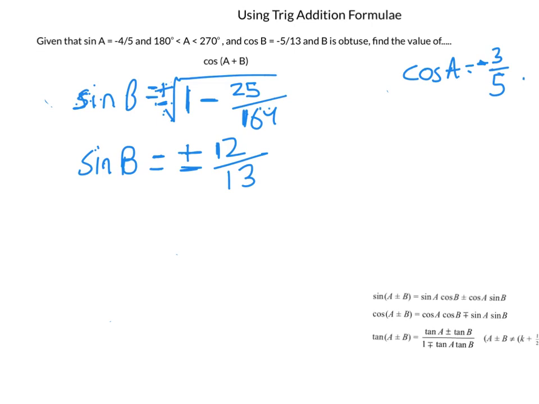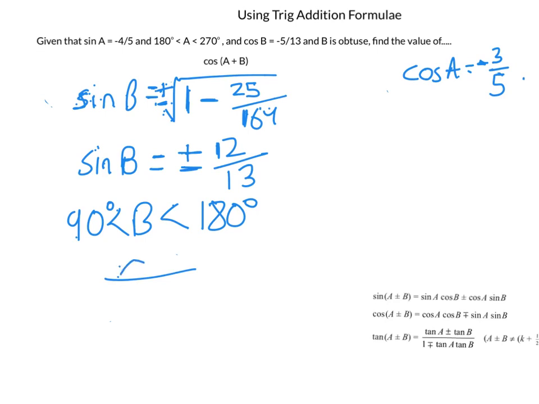Is it positive or is it negative? Well, let's have a think. We know B is obtuse, so I know B has to be between 90 and 180 because it's obtuse. Well, you look at the sine graph, goes up and down, and between 90 and 180 it's positive.